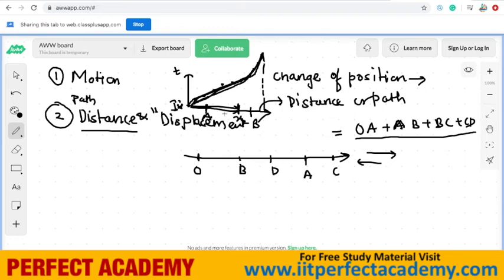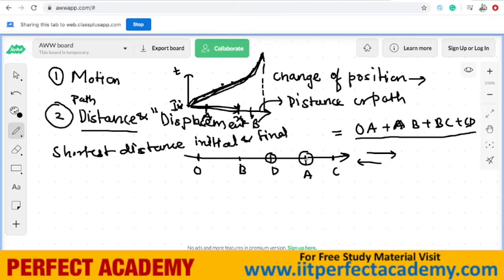Now what is displacement? Displacement is nothing but the shortest distance between initial and final position, as we know. So let's say if A is the initial position and D is the final position, then this distance is called displacement.